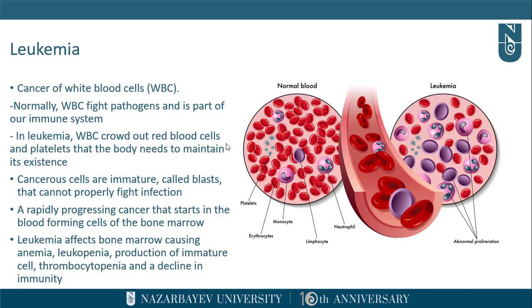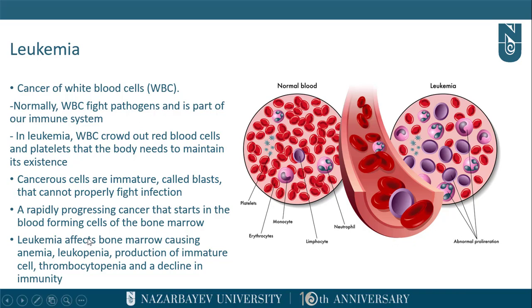And these immature white blood cells are incapable of fighting infections, so there is no use of having them in multiple forms. So as you can see, the whole system just suffers from having these abnormally formed white blood cells.